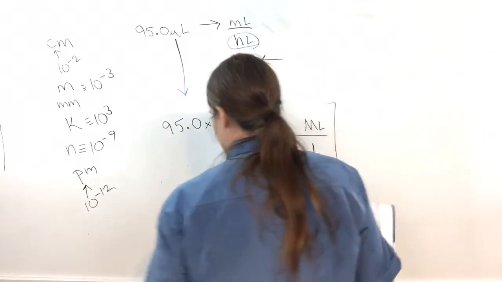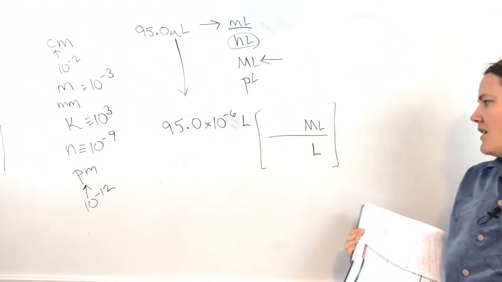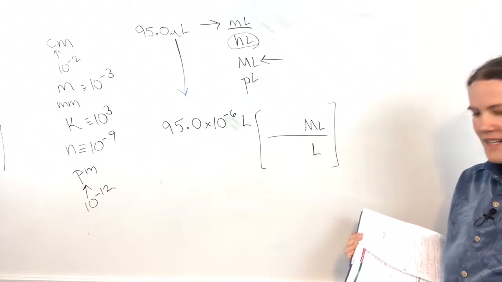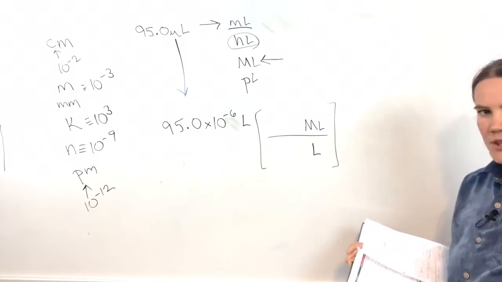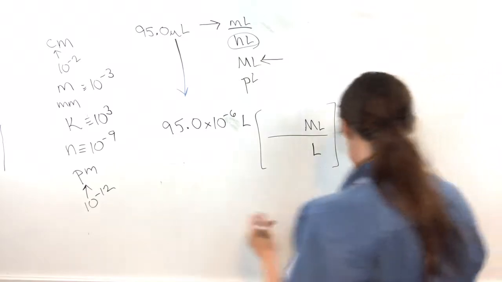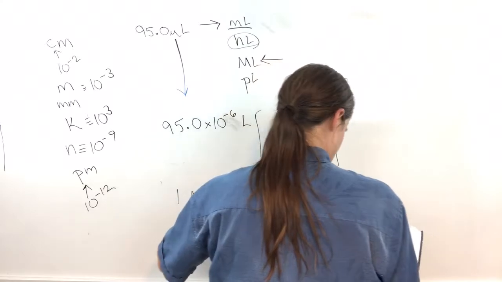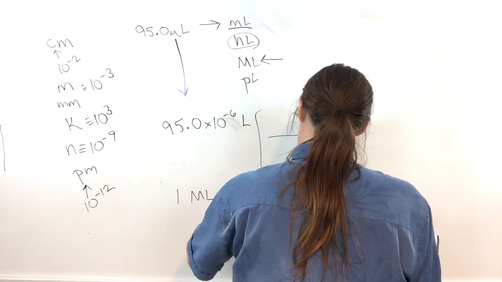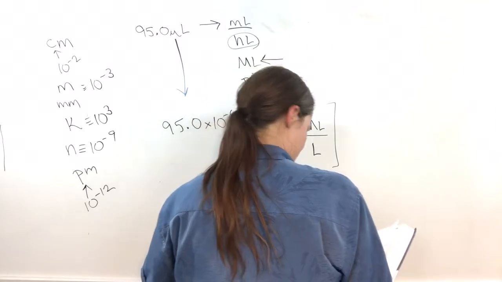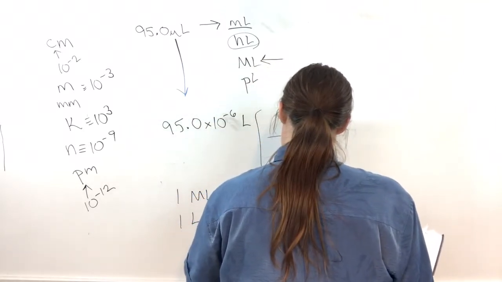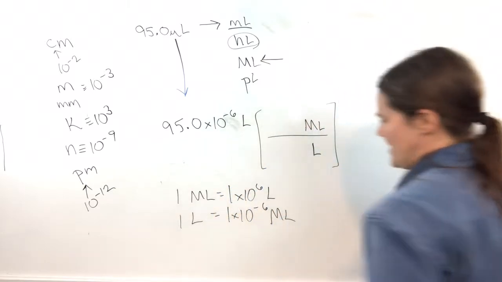And so this is where, if I didn't know that mega was 10 to the 6th, I would go look it up on a table in your book or online, and I would find that 1 megaliter is equal to 1 times 10 to the 6 liters, or 1 liter is equal to 1 times 10 to the negative 6 megaliters.